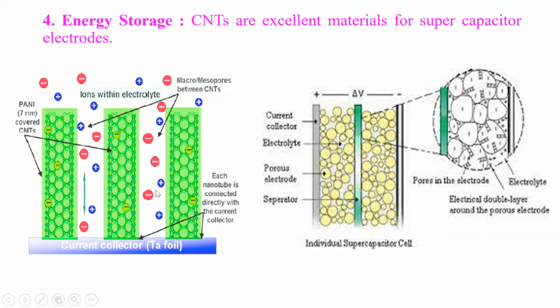And here you can see an individual supercapacitor cell that has a separator, porous electrode, electrolyte, current collector. Now here are the pores in the electrode, and this is the electrolyte. In the supercapacitor cell, we are using carbon nanotubes, and we'll explain this supercapacitor in another video in detail. But for now, just note this application.